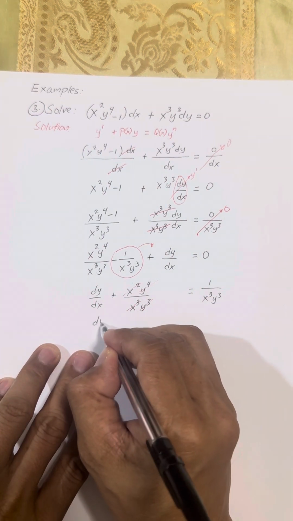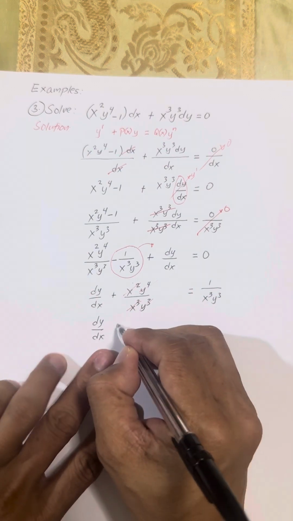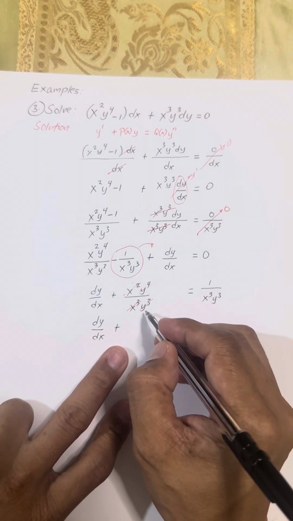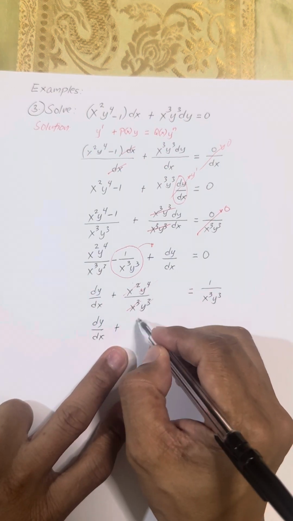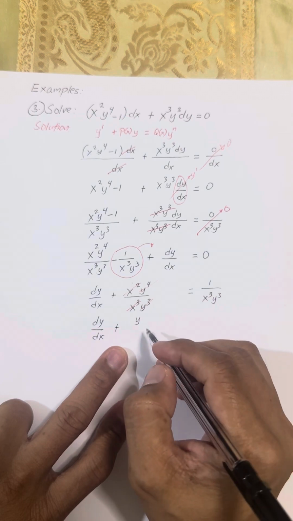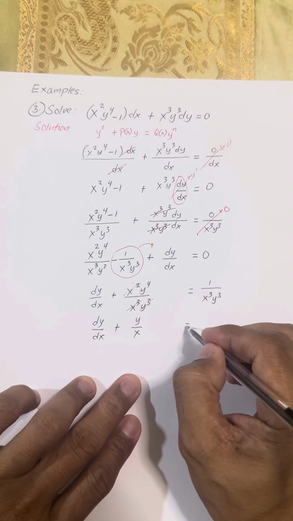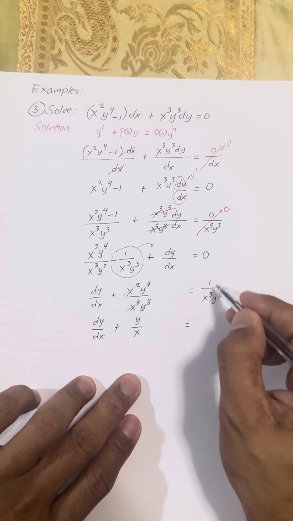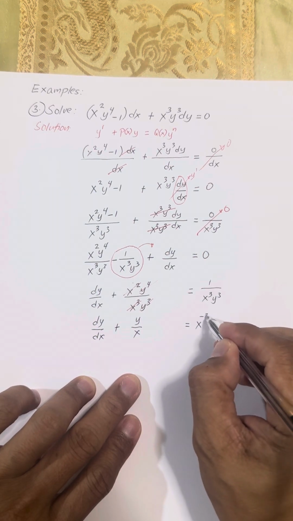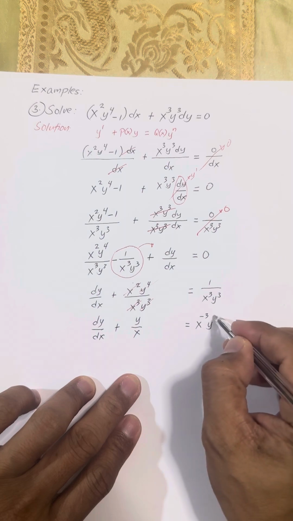So we can rewrite this as dy over dx plus y over x equal to x to the minus 3, y to the minus 3.